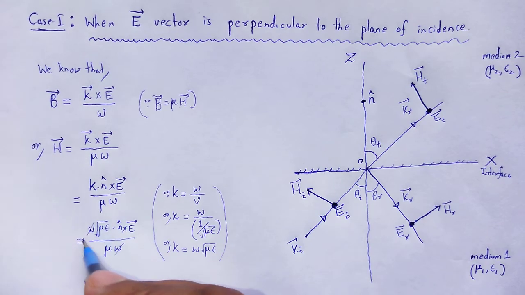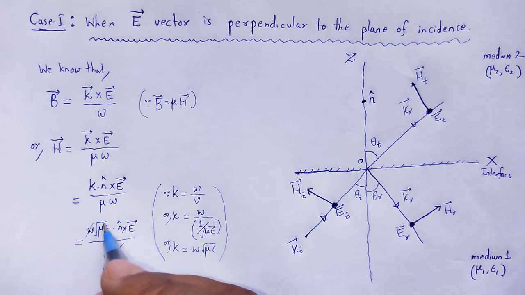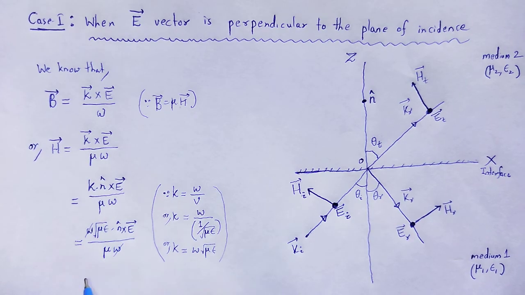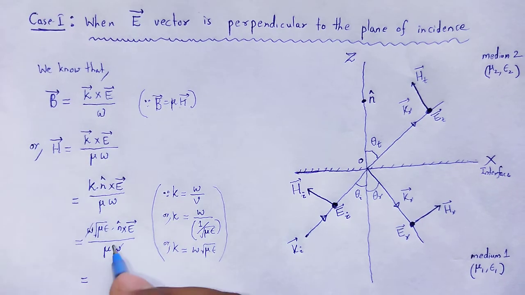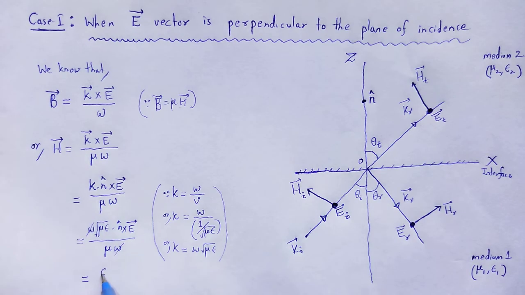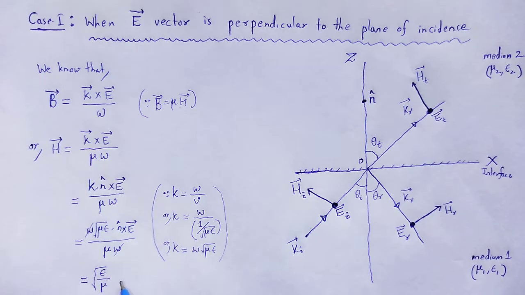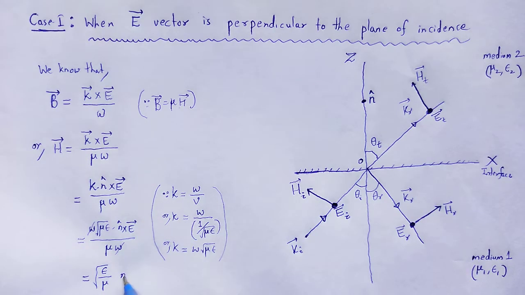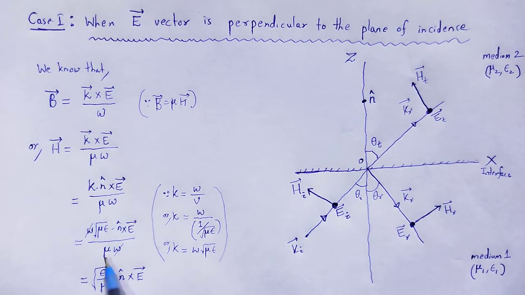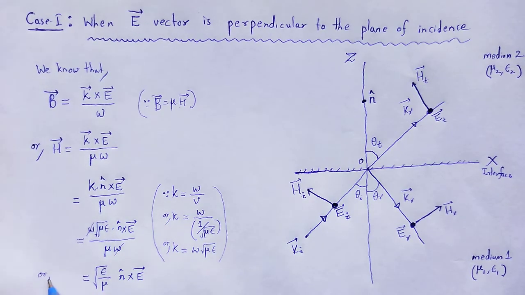Omega cancels out, and this is written as under root of epsilon divided by mu, n cap cross E vector. This is the value of H vector.